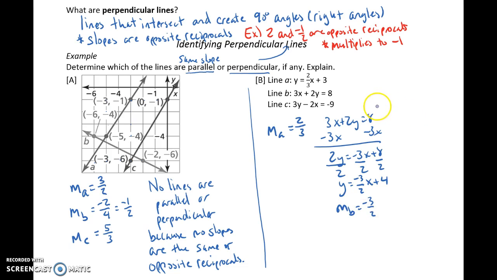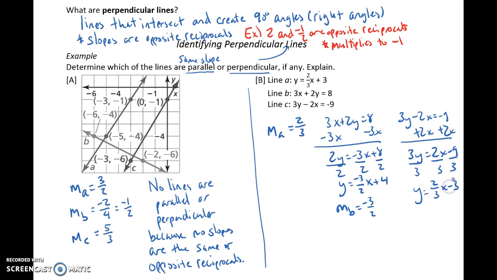And then finally line C is 3y minus 2x equals -9. I'm going to take away 3y from both sides. Oh, I'm sorry. I don't need to solve for x. What am I doing? I need to solve for y. So I'm going to add 2x to both sides and get 3y equals 2x minus 9. Divide everything by 3 to get y equals 2/3 x minus 3. And again, all we want to do is take a look at that slope.